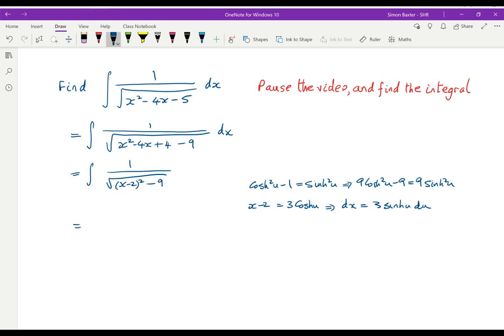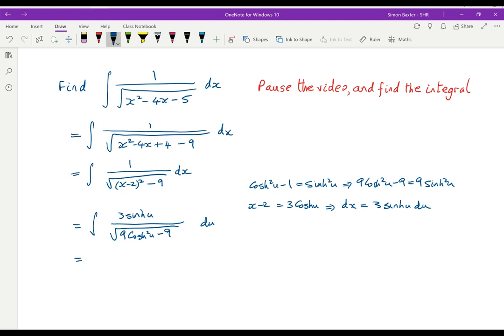So my integral becomes the integral of, replacing the dx by 3 sinh u du, divided by the square root of x minus 2 squared, which is 9 cosh squared u minus 9.